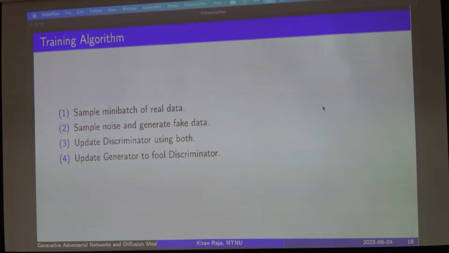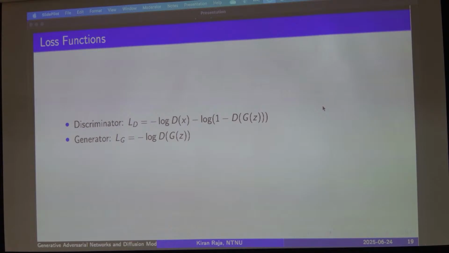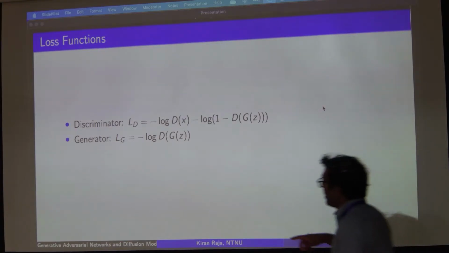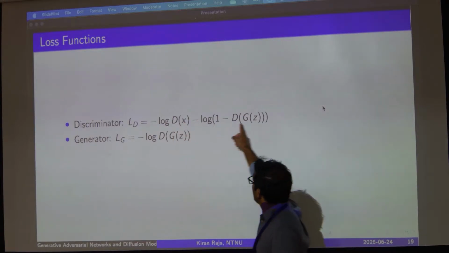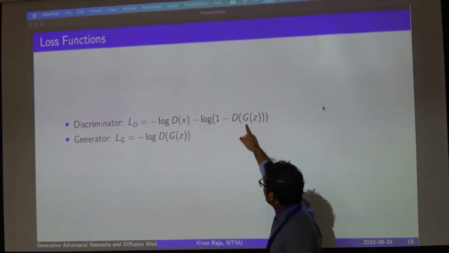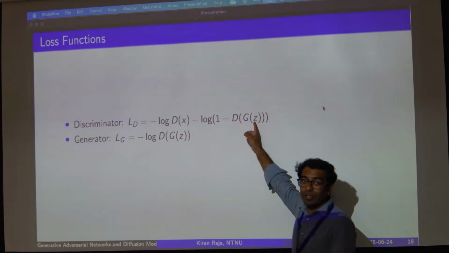Okay, and then when it comes to the loss functions, the loss function is also quite straightforward, right? It's really not fancy here. The first part is in the discriminator, which takes care of the data that is coming from G of z, the generated data, and the distribution of generated z is nothing but your latent space.